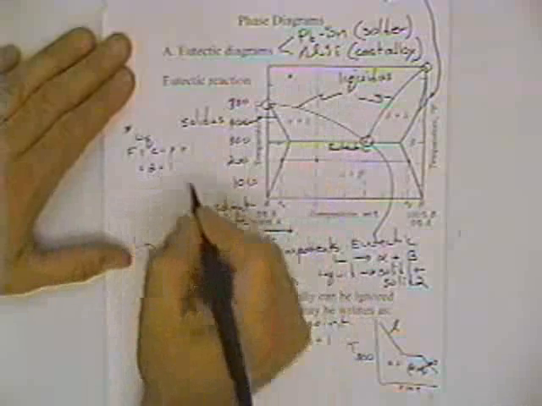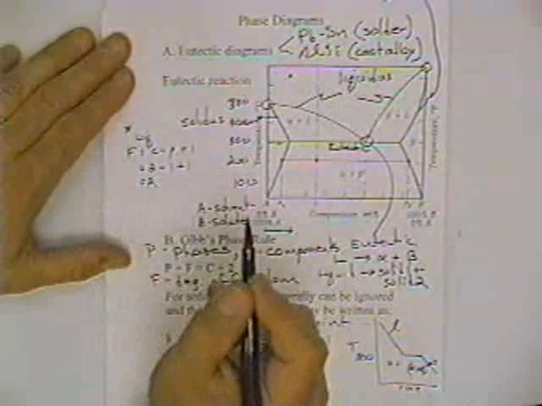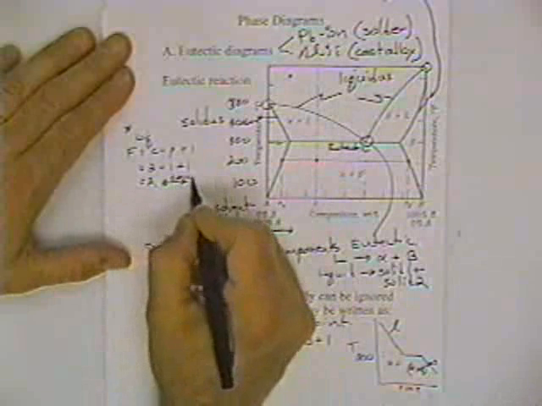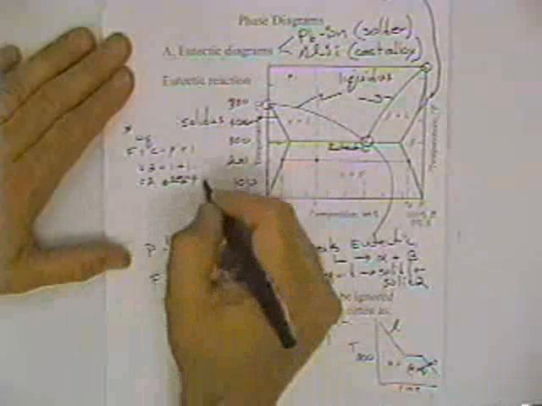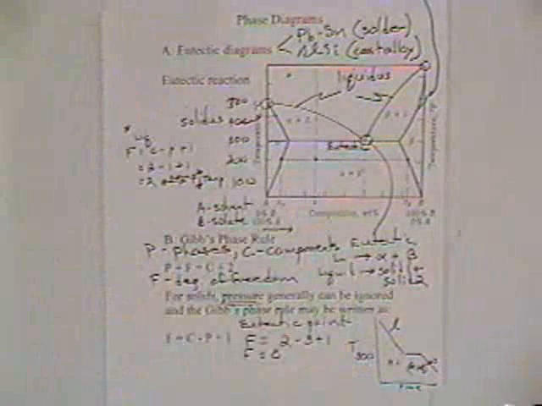Well, there's just 1 liquid plus 1, so we would have 2 degrees of freedom. And that means that we could change composition, or we could change temperature, and there would be no change in the phases. So that's what it means to have 2 degrees of freedom.